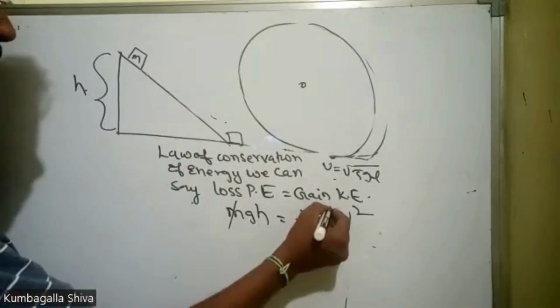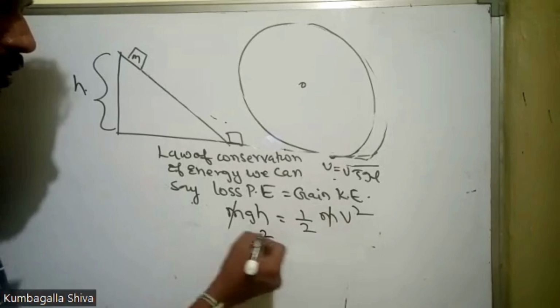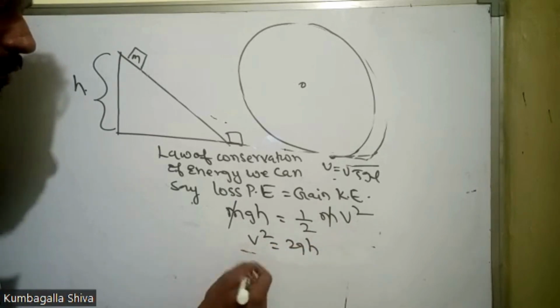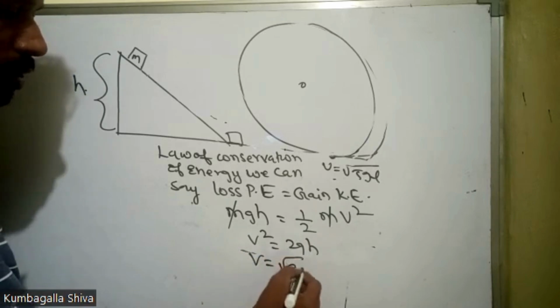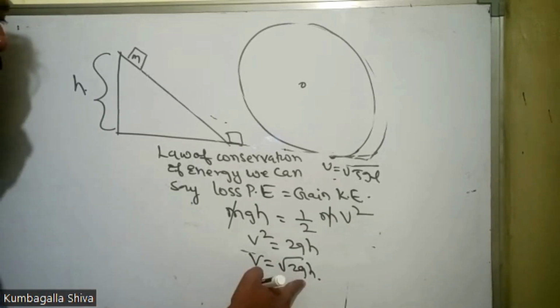So cancel m, you are getting v square is equal to 2gh. If you simplify, you get v square is equal to 2gh. Therefore, v is equal to √2gh.